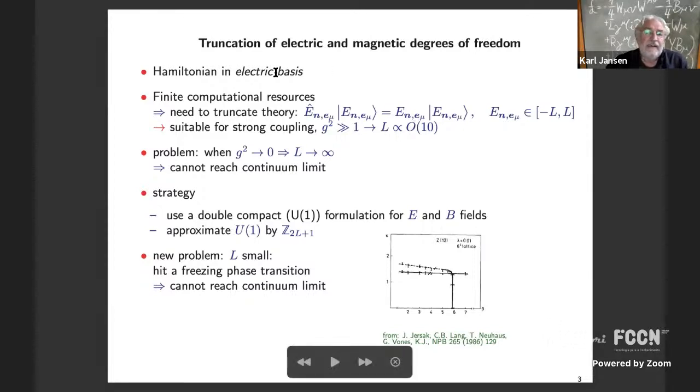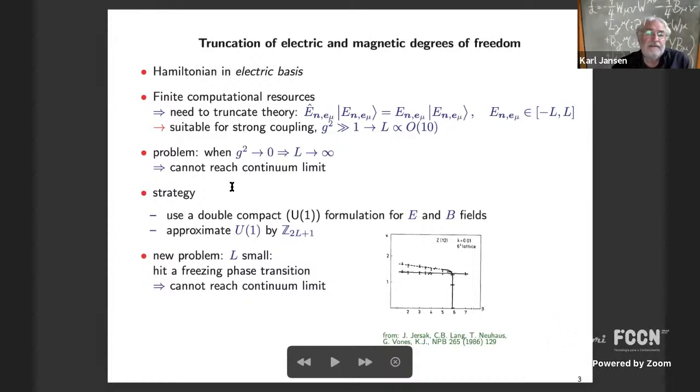If I am in the electric basis and I work at strong coupling, so g squared, the bare coupling, is much larger than 1, then I can choose this capital L to be of order 10, which is completely sufficient to describe the system and represents really the full U(1) gauge theory.